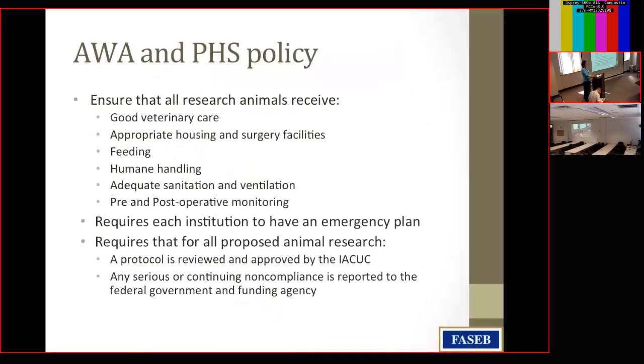And every proposed research study using animals has to undergo review and approval by an institutional animal care and use committee, which we'll talk about more later. And if an investigator is found to be non-compliant, either with the regulations or with their protocol, then Tulane is required to report that individual to the federal government as well as their funding agency.